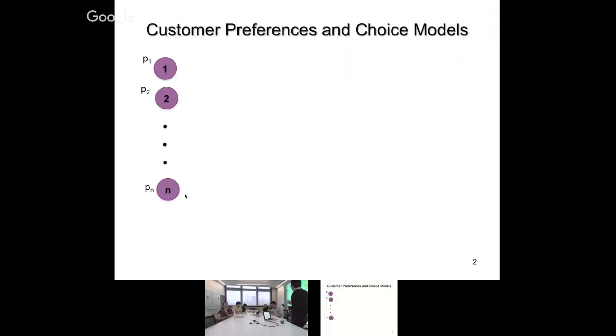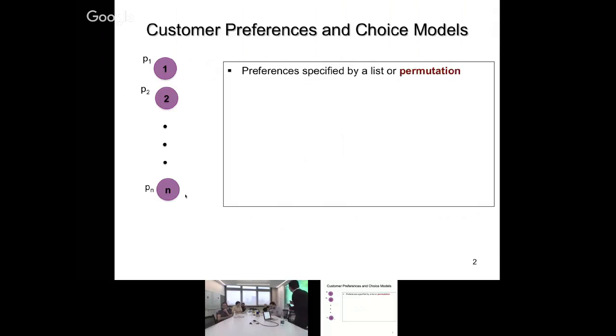So just to set up the problem of assortment optimization, let me describe a concrete model. So think of n substitutable options with exogenous prices p1 to pn.